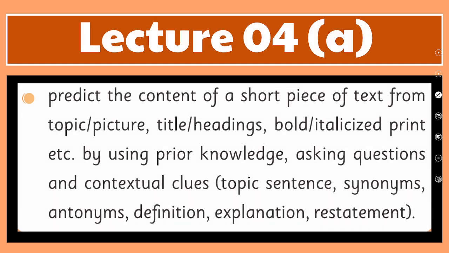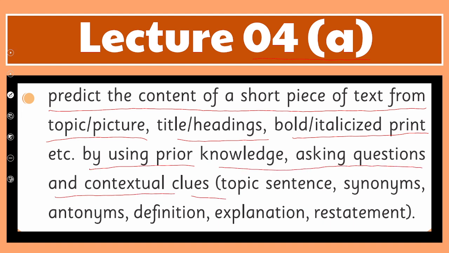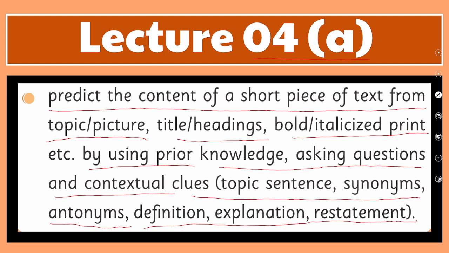Here we have lecture 4A, and in this lecture we will learn an SLO which is related to the reading competency. The SLO states: predict the content of a short piece of text from topic, picture, title, headings, bold italicized prints, etc., by using prior knowledge, asking questions and contextual clues, topic sentence, synonyms, antonyms, definition, explanation and restatement.